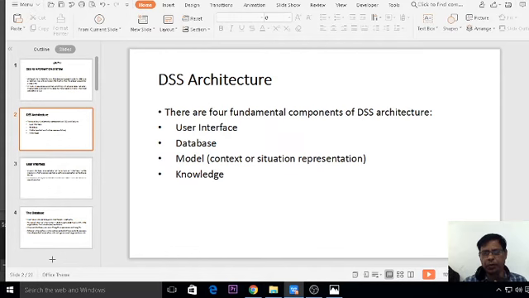See, if you think about it, these four are the same as one. I will say that these four are only one. How? What is meant by user interface? User interface is nothing but how we interface with the application. Application is nothing but the system, is it not?